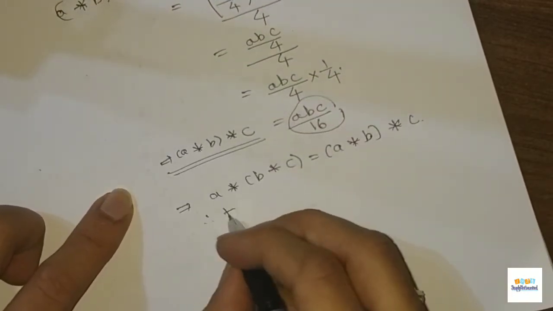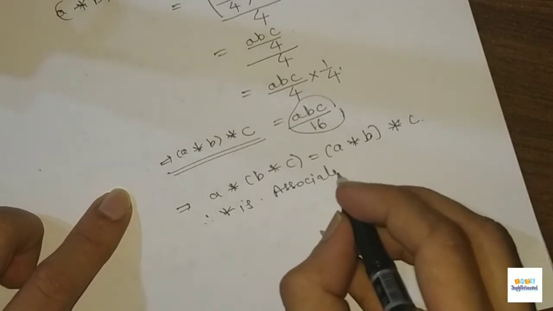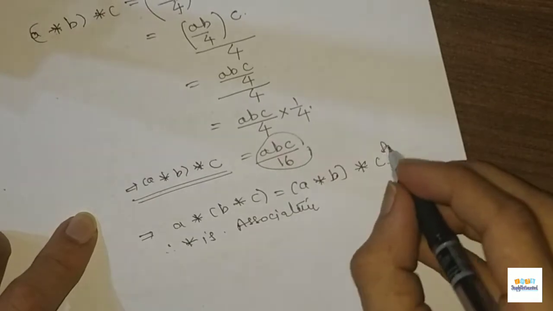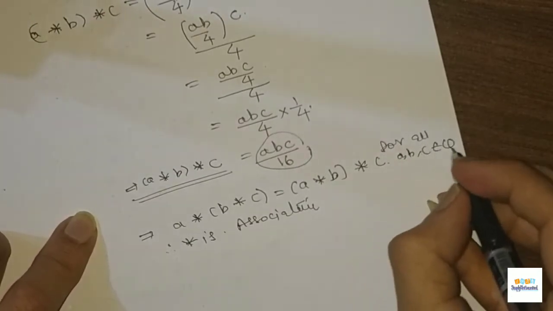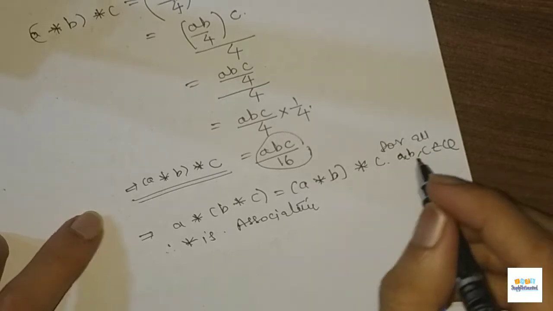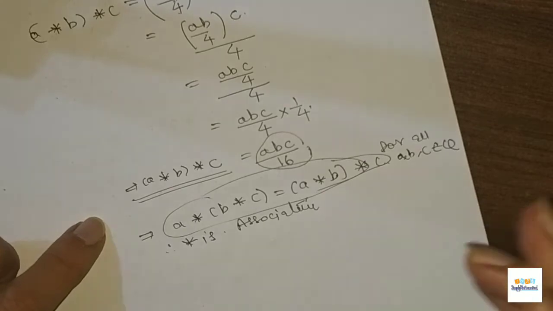Therefore star is associative, because this is true for any a, b, c belonging to the rational numbers.